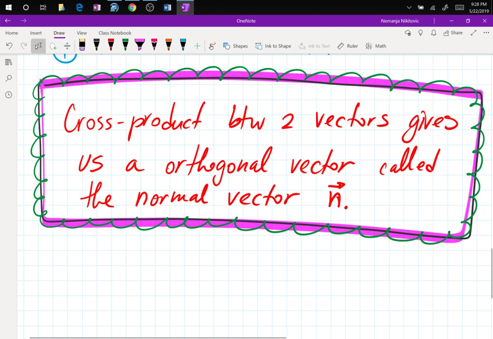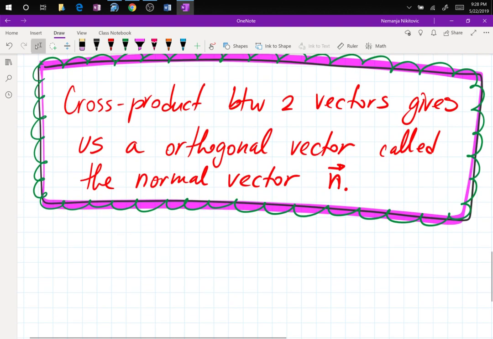So, what is the application? The cross product can give us the area of the parallelogram that the two vectors create.